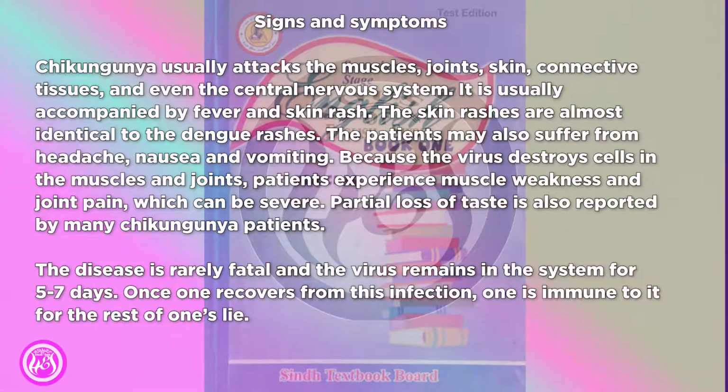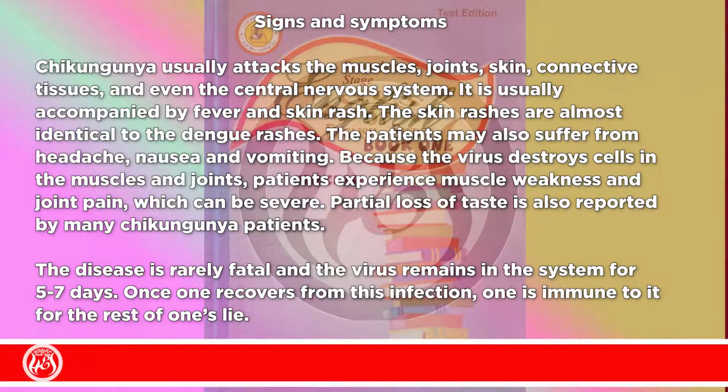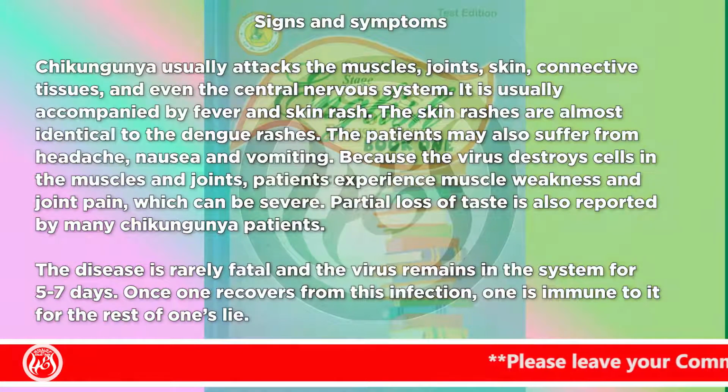Signs and symptoms. Chikungunya usually attacks the muscles, joints, skin, connective tissues, and even the central nervous system. It is usually accompanied by fever and skin rash. The skin rashes are almost identical to the dengue rashes.